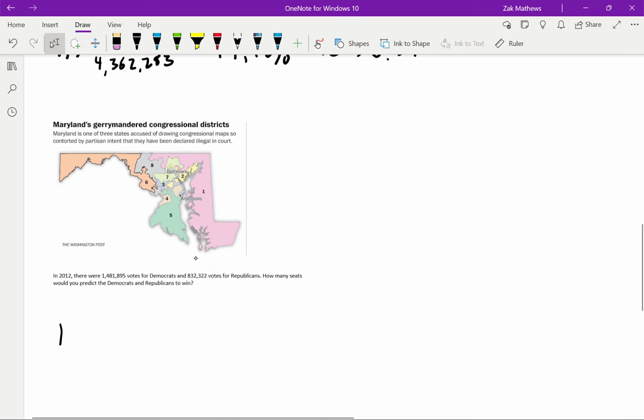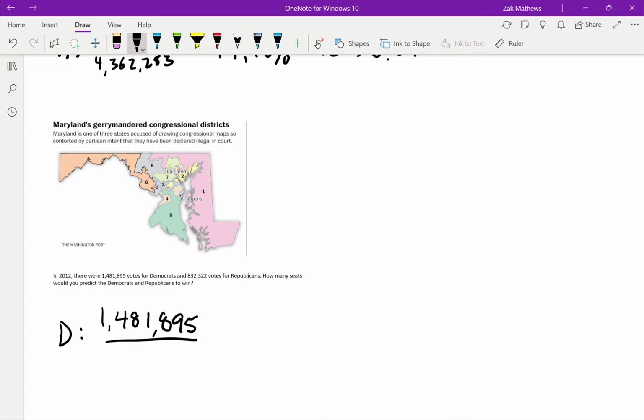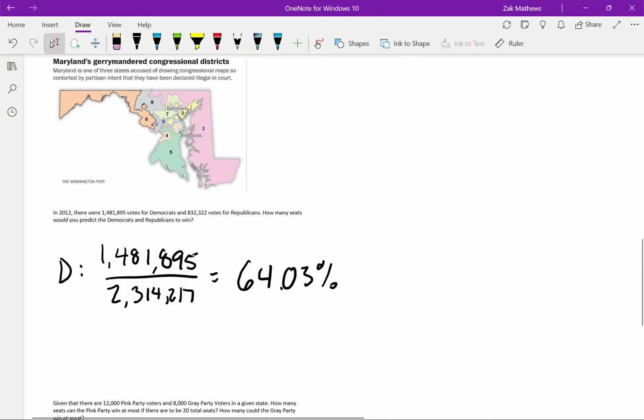Let's look at the Democrats: 1,481,895 out of a total of, I added these beforehand, 2,314,217. I'm going to do the division there. And so the Democrats won 64.03% of the vote.